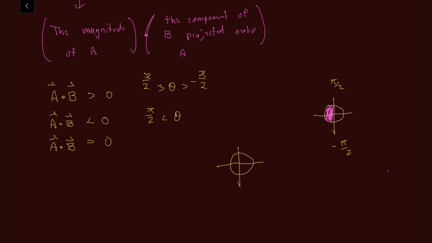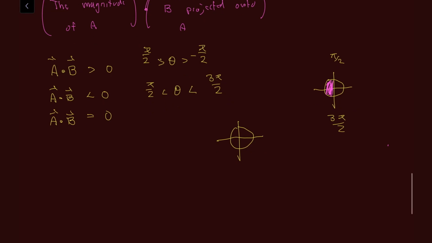But it would be a mistake now to say, but less than negative pi halves, because that would bring us to this sphere here. What we have to do is say that it is less than 3 pi halves. Negative pi halves and 3 pi halves lead you to the same destination. Just one is counterclockwise and the other is clockwise.